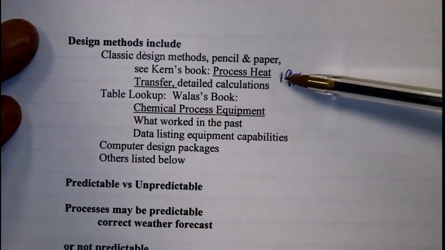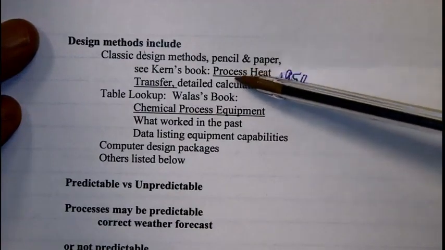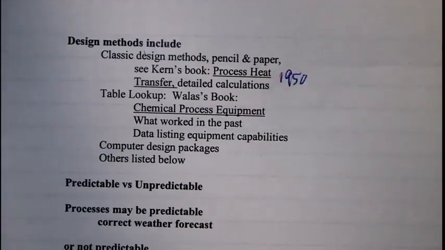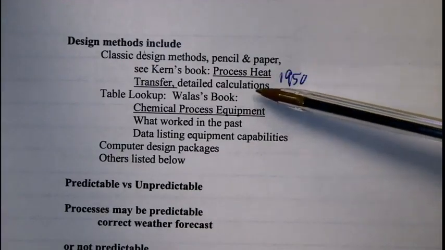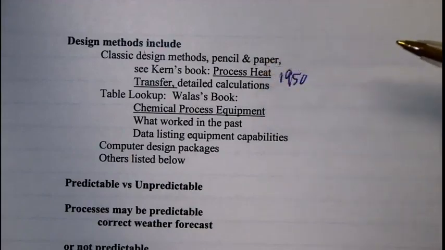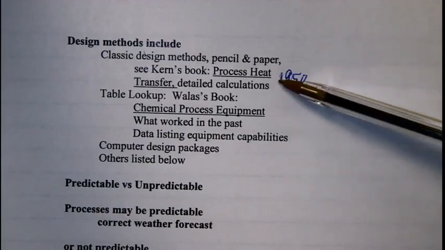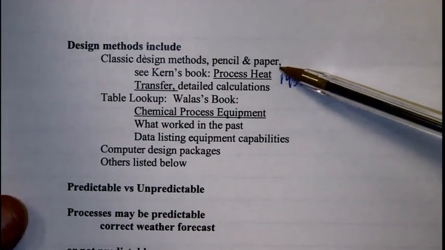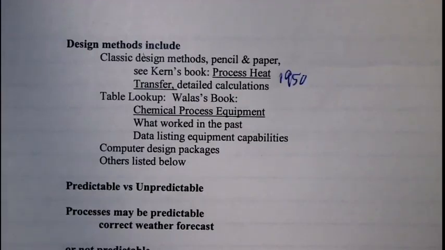Now, this is the book that beat Hitler during World War II. Thought I'd point that out to you. The design techniques given in Kern were used to design heat exchangers during World War II. I'm quite sure about it. And as a result, Hitler lost.